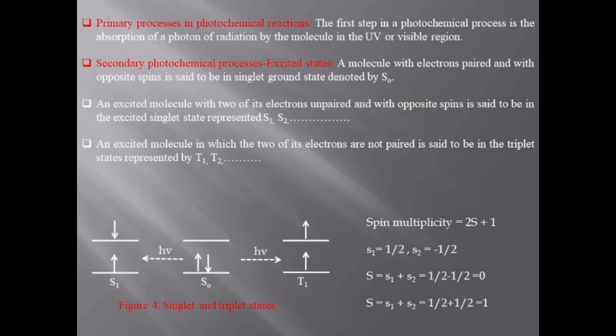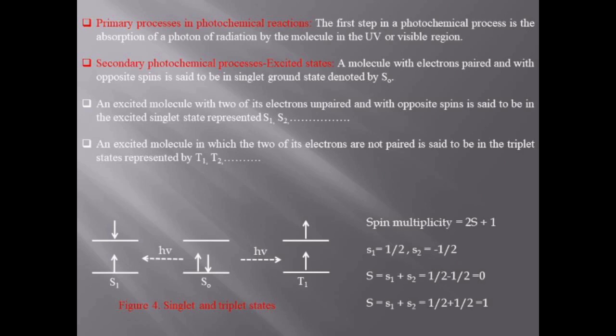A molecule with electron pair with opposite spin is said to be in the singlet ground state denoted by S0, and the excited molecule with two of its electrons unpaired with opposite spin is said to be in the excited singlet state represented by S1, S2. The excited molecule in which the two electrons are not paired is said to be in the triplet state represented by T1, T2.